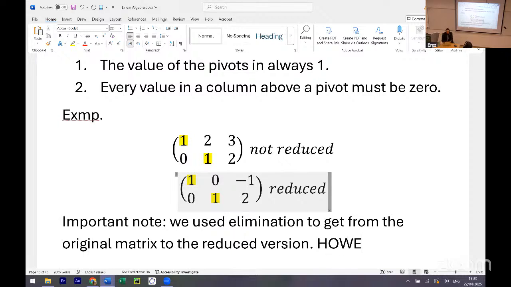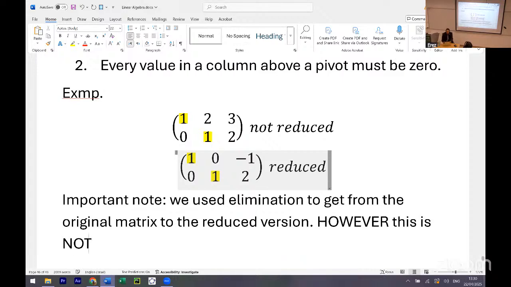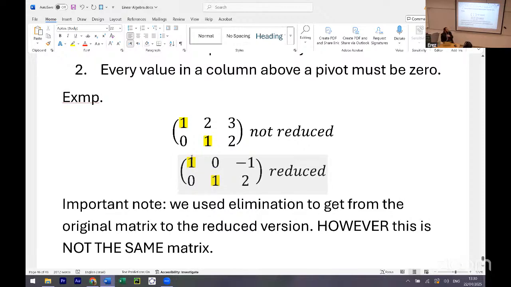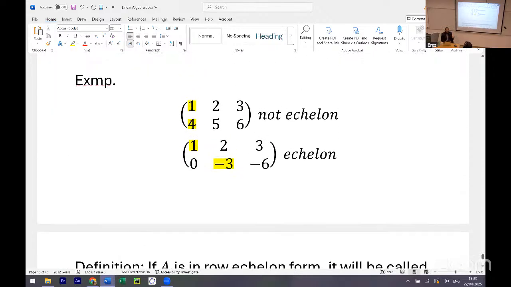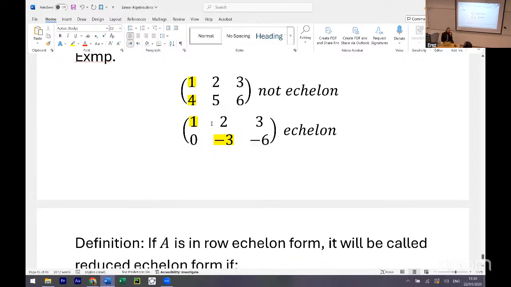However, this is not the same matrix. I don't know if it's obvious or not, but many students make a mistake because they say we did allowed operations, right? It seems like algebra. We took out 4 times the second row from the first row and we moved from a matrix to a matrix, but it's not the same matrix.